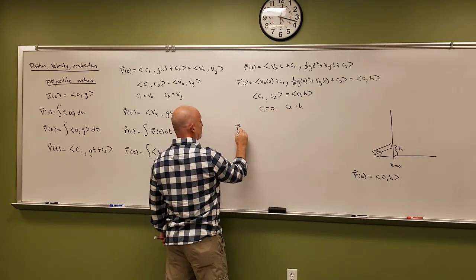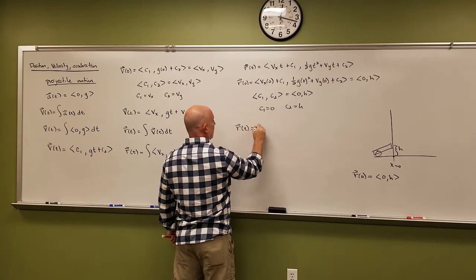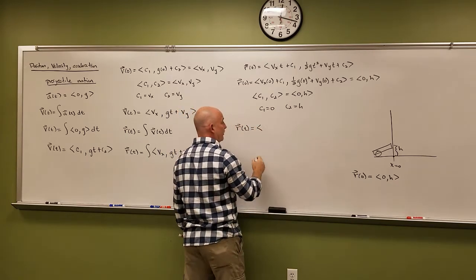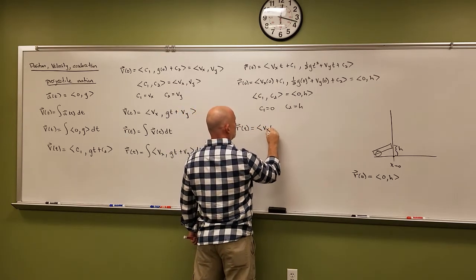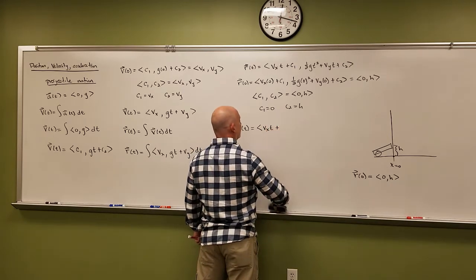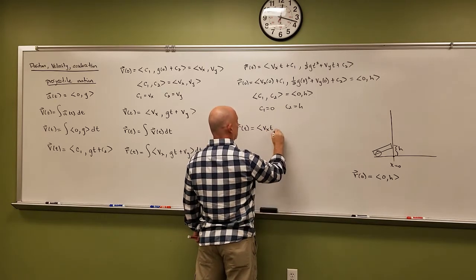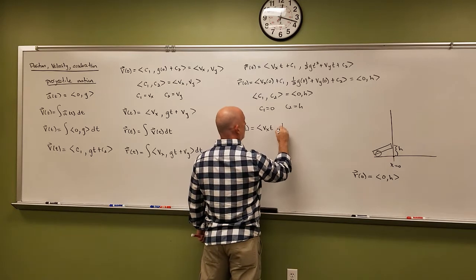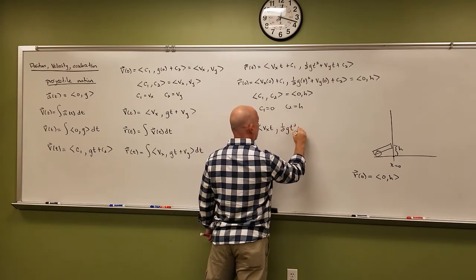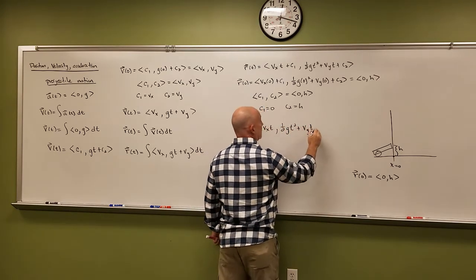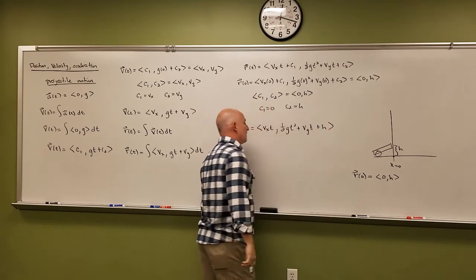So our final, well, almost final, position function is v sub x t plus 0, again, that could be shifted, 1/2 gt squared plus v sub y t plus h.